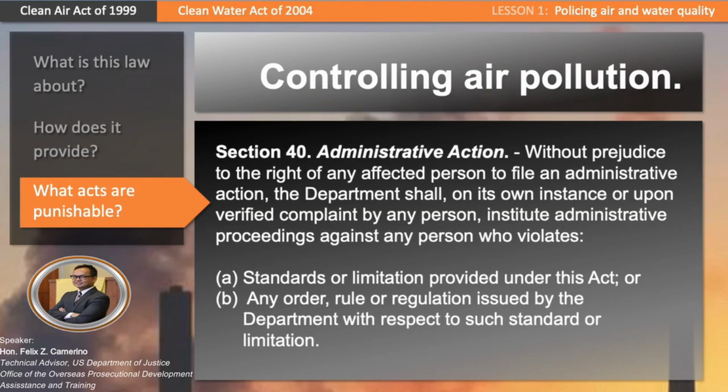So if we read this, let's focus in on subparagraphs A and B. For subparagraph A, essentially what it's saying is that for violations of standards or limitations that are provided in this act itself, in this Clean Water Act itself, it's referring to those violations. So that, of course, means as an investigator who is trying to determine the elements of the offense, kailangan i-research mo muna sa batas na to.